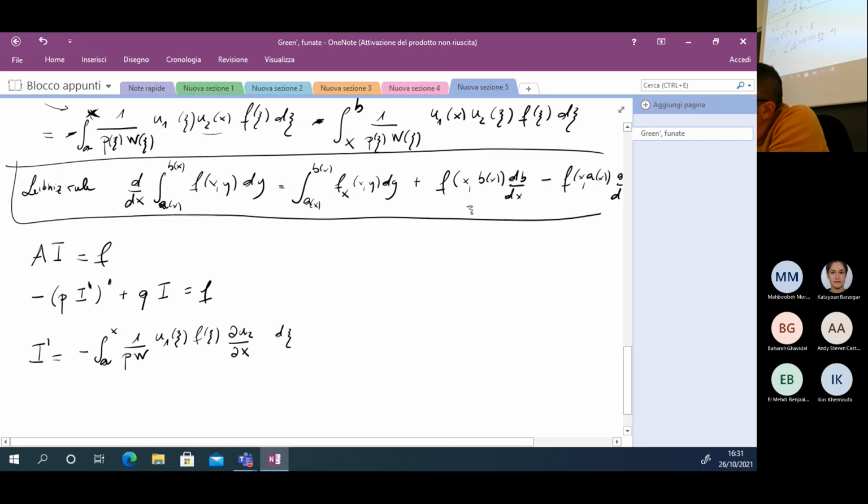Then I have to add the function evaluated at the upper limit, which is x, times the derivative of x with respect to x. The function evaluated at x is minus 1 over p of x, w of x, u1 of x, u2 of x, f of x, times the derivative of x with respect to x, which is 1.